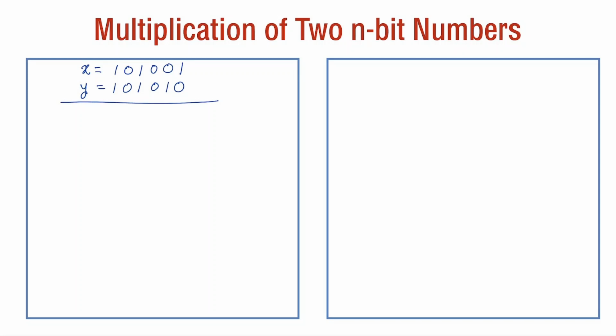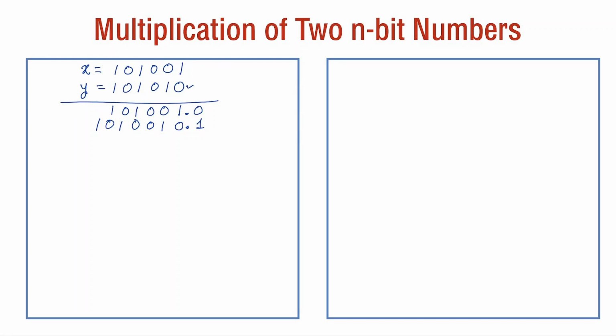mechanism of multiplying, then we will first have 1 0 1 0 0 1 multiplied by 0. The next round is a shift, a left shift will immediately multiply by 2 because we are doing binary. So we will do a left shift, and then this part will be multiplied by 1. Then we will do another left shift and multiply.